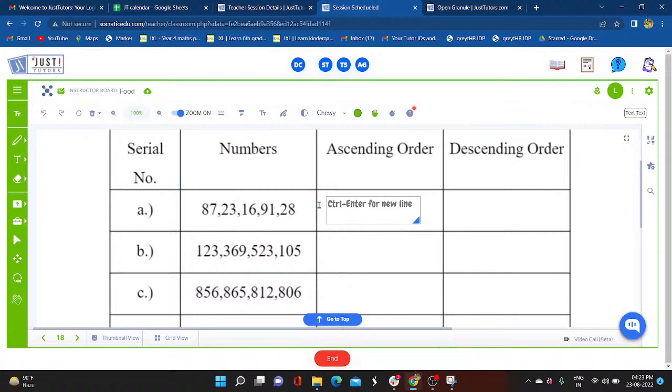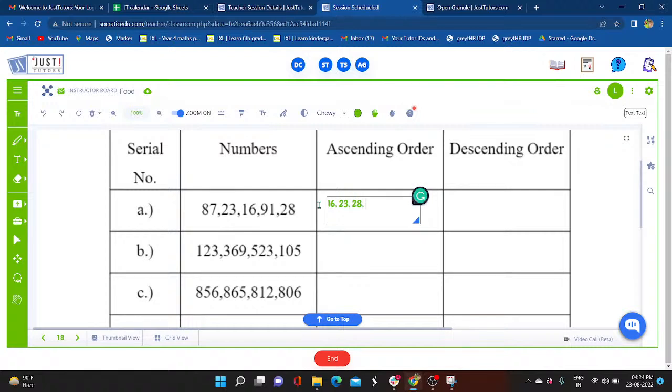So the ascending order of this would be, we would start from the smallest number. So the smallest number is 16, then the next one is 23, then the next we have is 28.